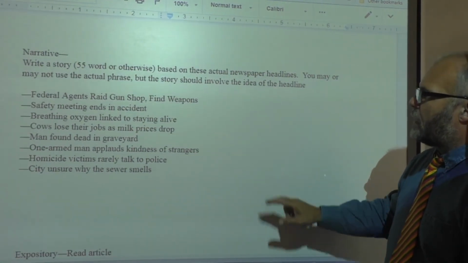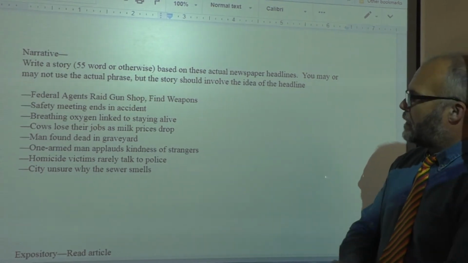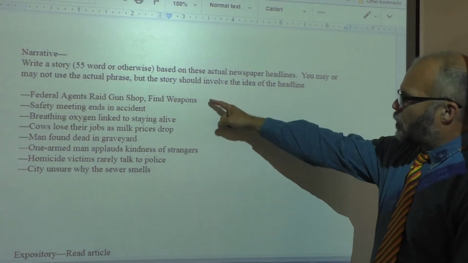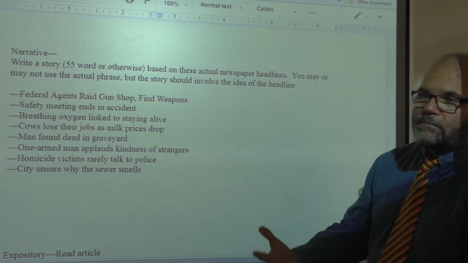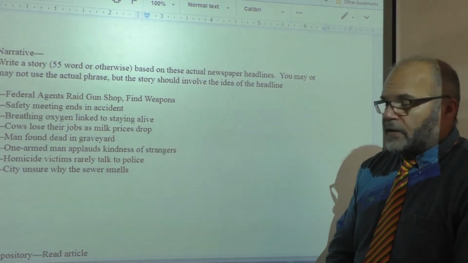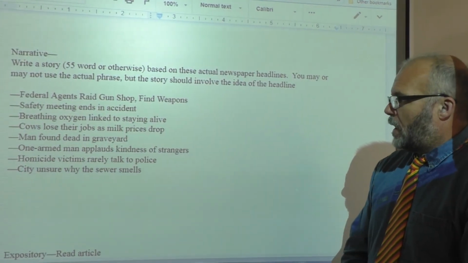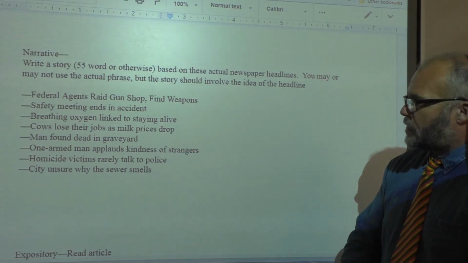Okay. Again, back to narrative writing, another 55-word story, using these actual newspaper headlines as the motive for the story. These words don't have to show up. This could be the title of your story. It could be something that is covered in the story.